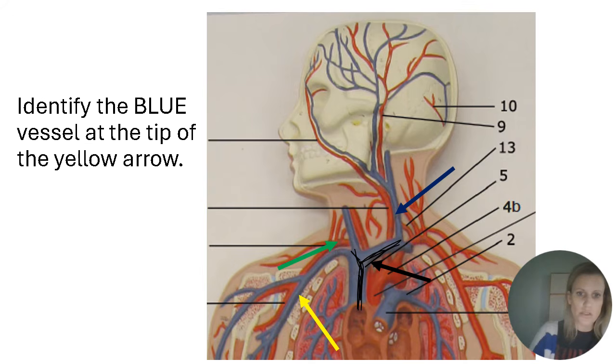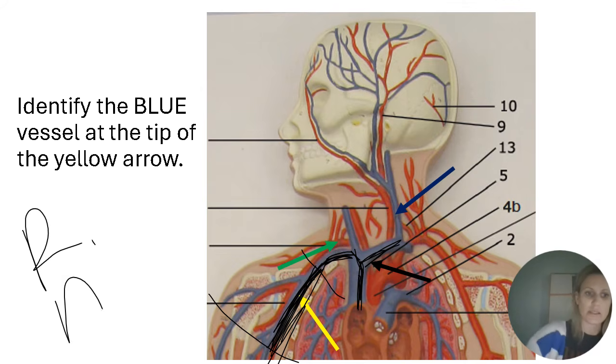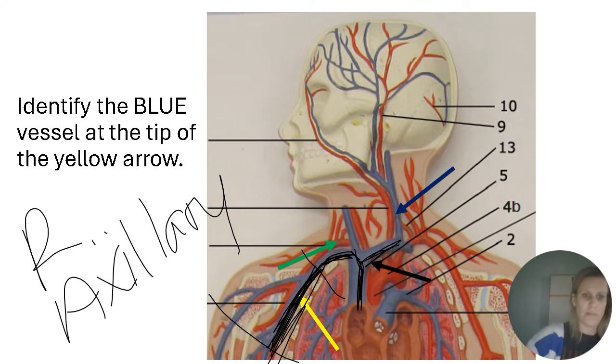And then as we go towards the arm or from the arm, remember the subclavian vein is until you pass the first rib. And then after that first rib, that's axillary as you head down into the arm. Right? So this yellow arrow is pointing to the axillary vein, and that's the right side. So right axillary vein.